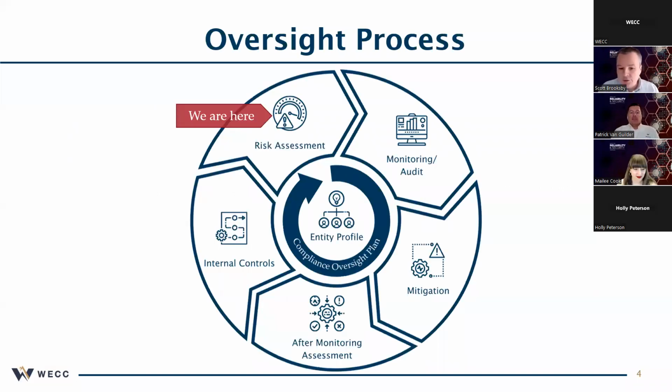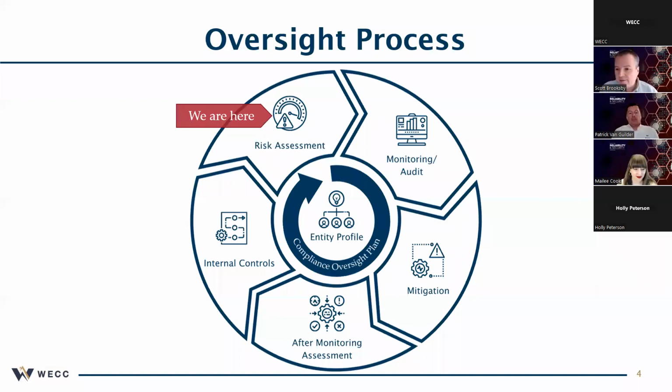All right, if you've attended these workshops over the last couple of years, we've used this graphic in the past, but for those who haven't seen it before, at the very center we've got the idea of an entity profile. Think of that as what WEC knows about the entities within the Western Interconnection.